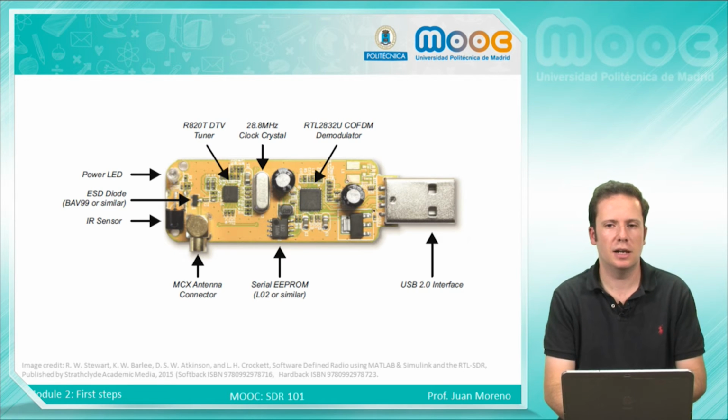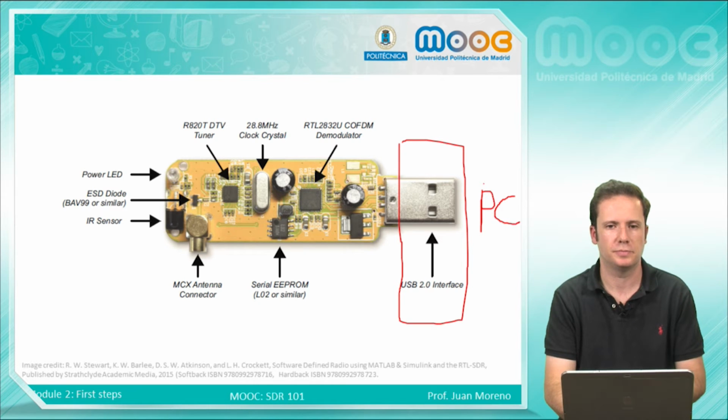This is the RTL open. The first component is the USB interface. We will plug the RTL here into our PC. Also, it has an EPROM where the software or the firmware is loaded.